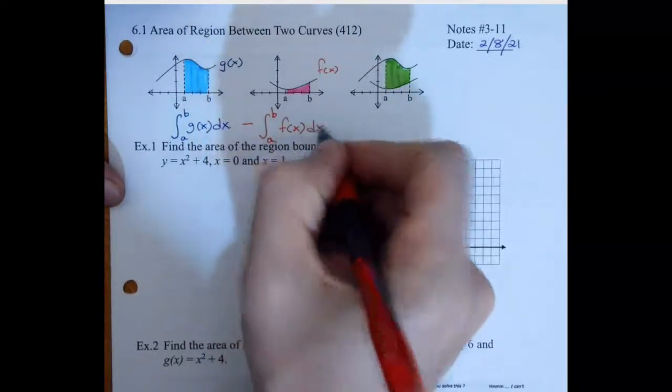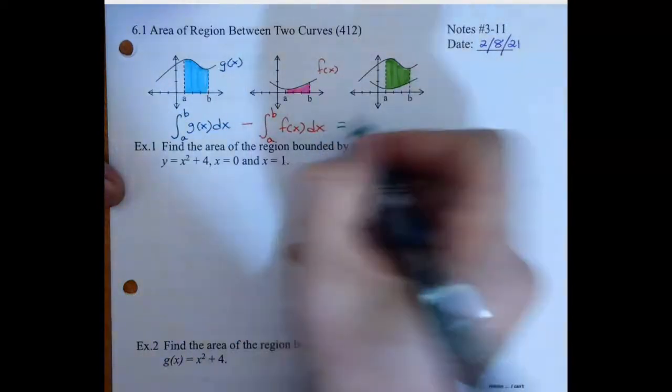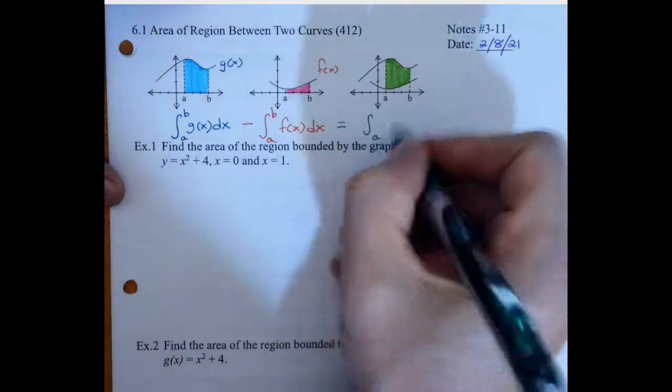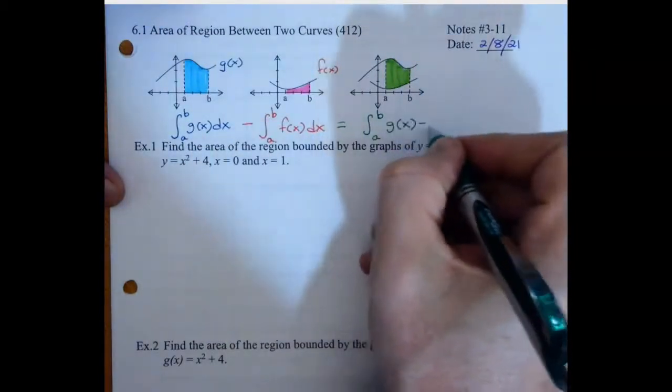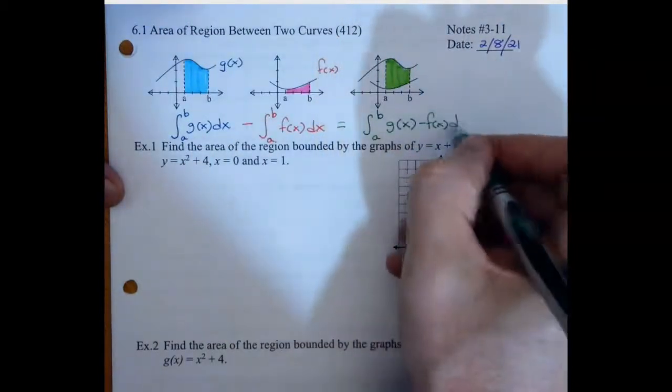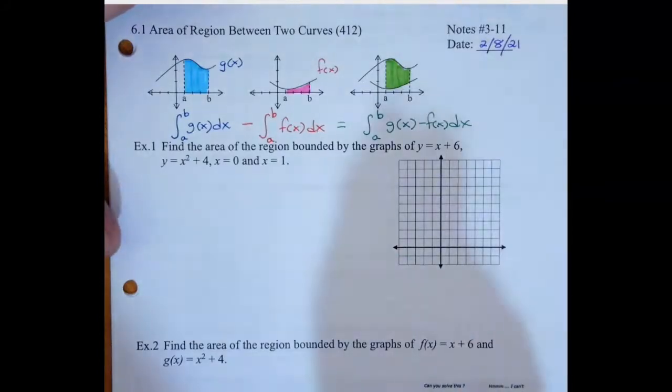And if we subtract those two things, we'll get the area in between those two curves. And so what we can do is combine those two and actually take g of x minus f of x inside that one integral and do it that way. Okay. So let's try that out with a problem.